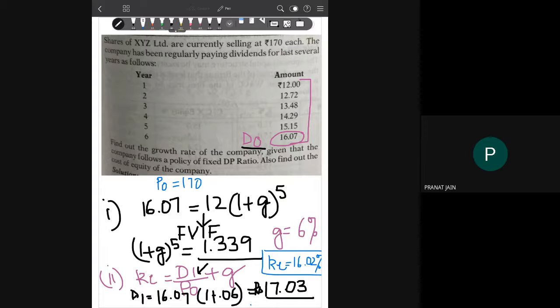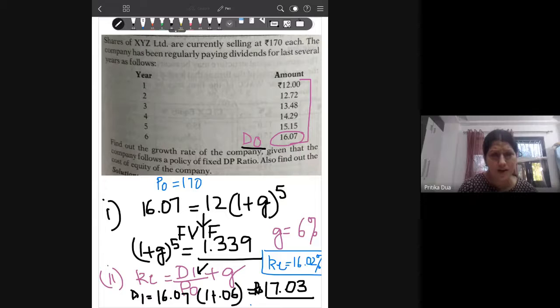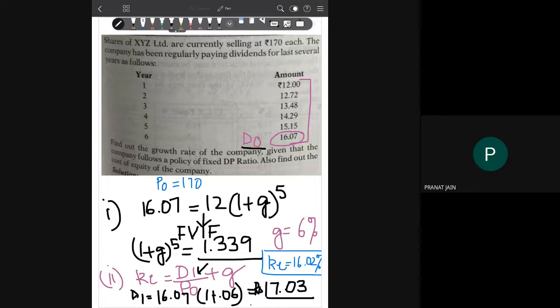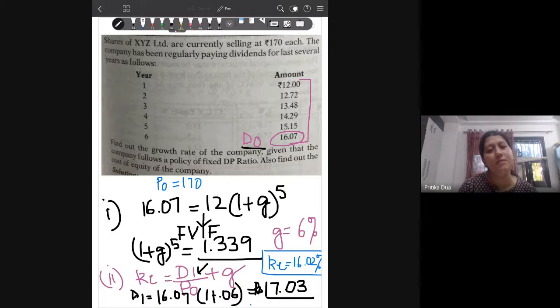What's the meaning of fixed DP ratio? The dividend payout ratio, yes, ma'am. You are given that the company is following a fixed DP ratio. इसका मतलब जो growth हो रहा है dividend में वो constant rate पे हो रहा है. तो हर बारी अर्निंग्स का 50% डिविडेंड डिस्ट्रीब्यूट हो रहा है. तो अर्निंग्स आर आल्सो ग्रोइंग एंड द डिविडेंड इज a fixed percentage of the earnings, but you are not given any earnings here, so don't get confused with this statement.